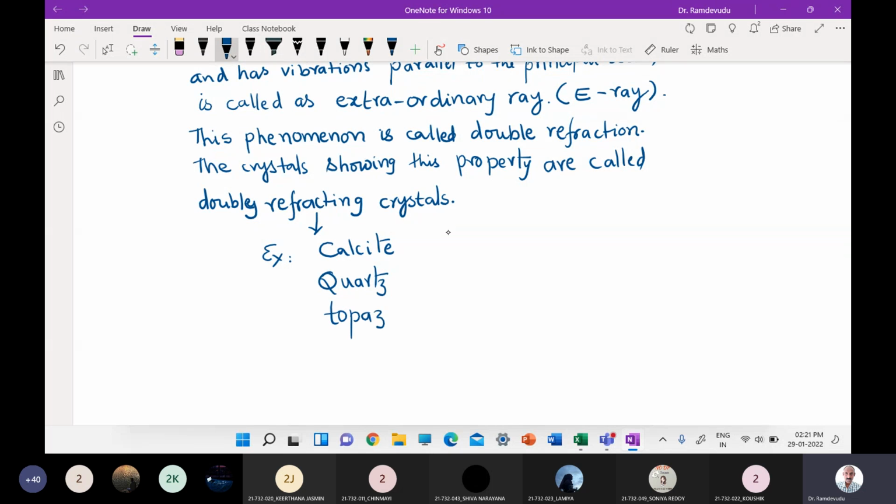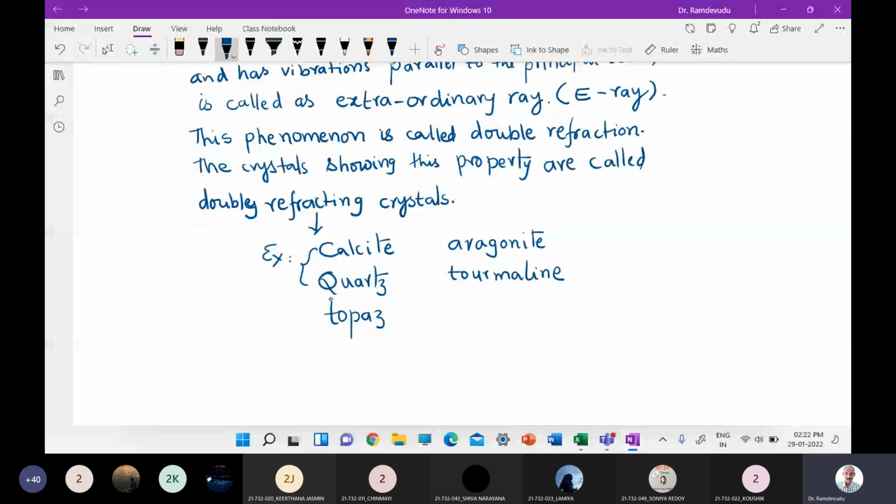And there are many such crystals which show this type of property. Even aragonite is another crystal. Tourmaline is also a doubly refracting crystal which shows such properties. We mostly concentrate on calcite and quartz here.